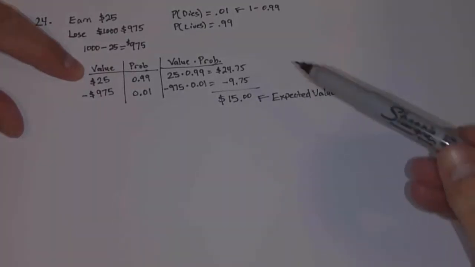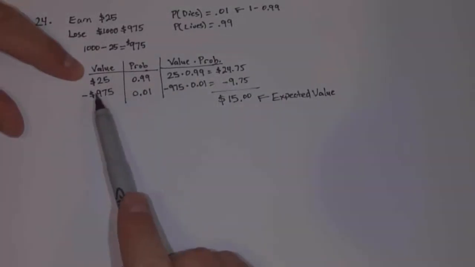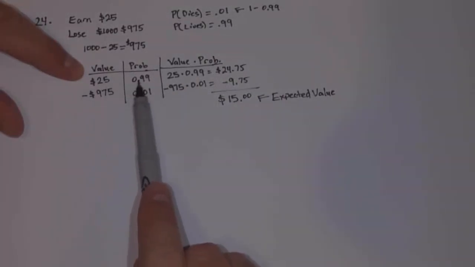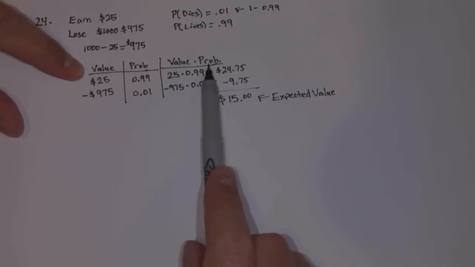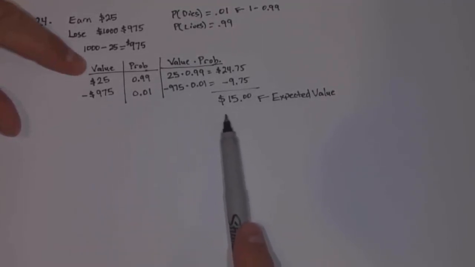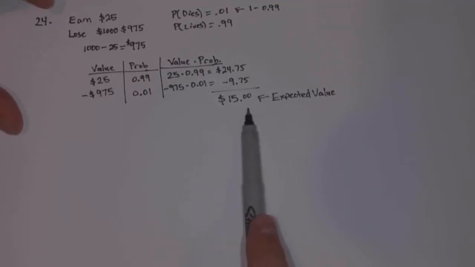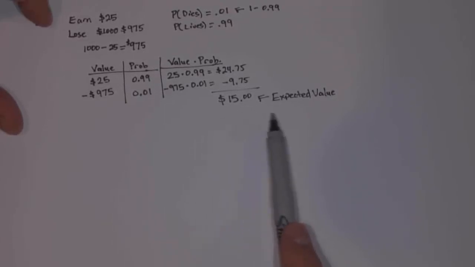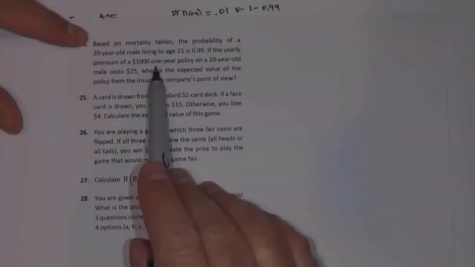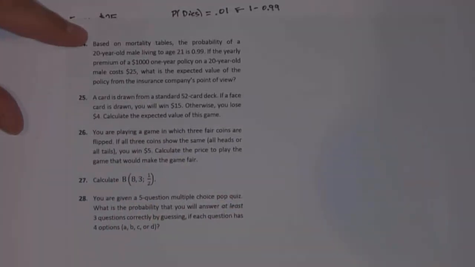Again, remember to find the expected value, we take each value times the probability associated with that value, and we add that up, and that gives us the expected value. So in this case, the expected value is $15. The insurance company is expecting to earn $15 for each one of these policies that they sell. So for every one of these $1,000 policies that they sell, they're expecting to make a profit of $15.